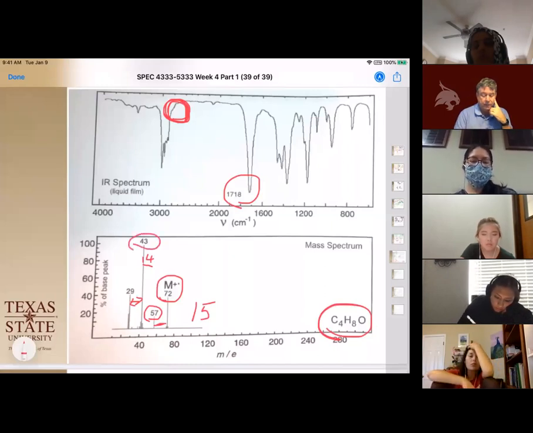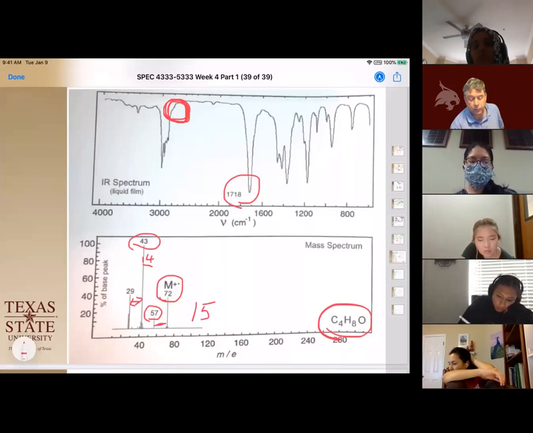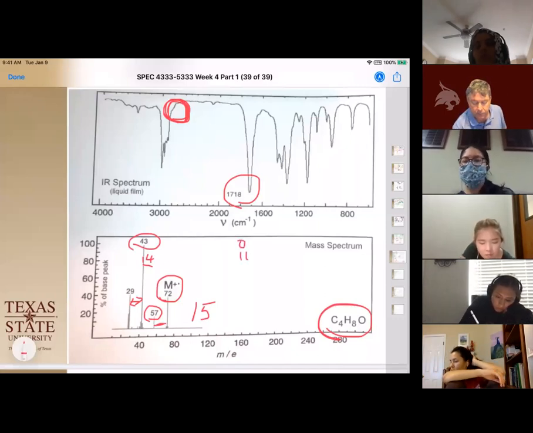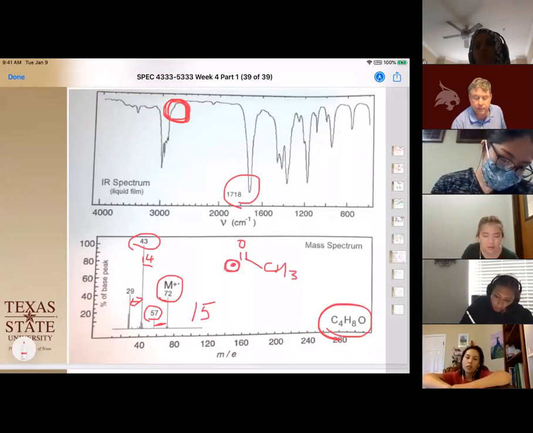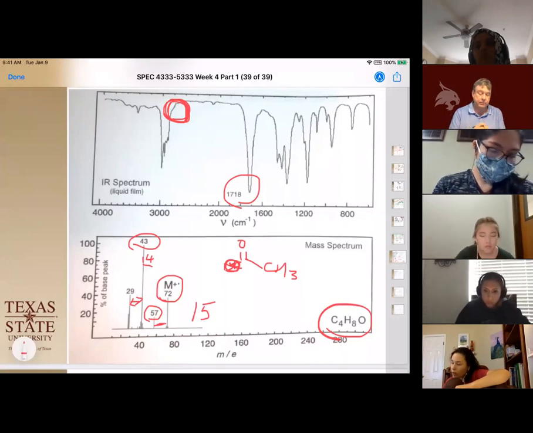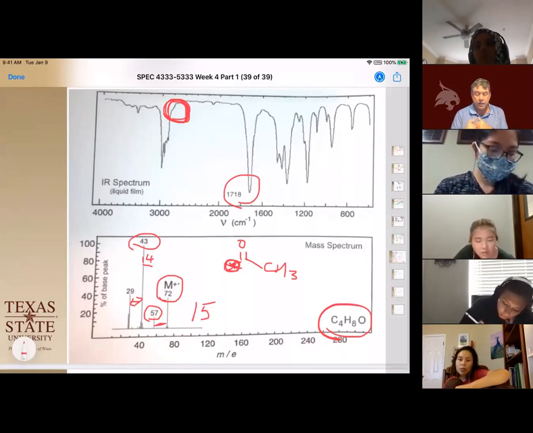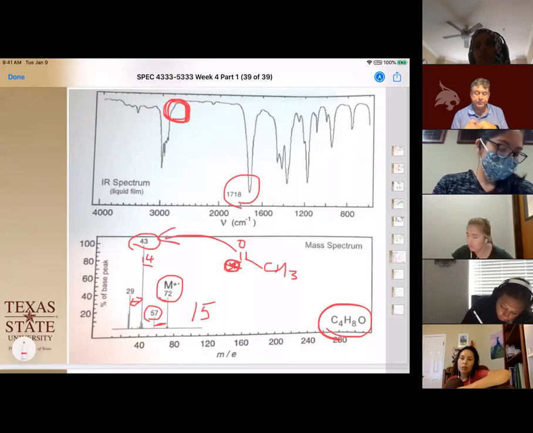43 is a major peak. What is 43? Oh, 43 is one of those really common peaks because it fragments off ketones. This is the ionized fragment here. So this is the 43 peak.